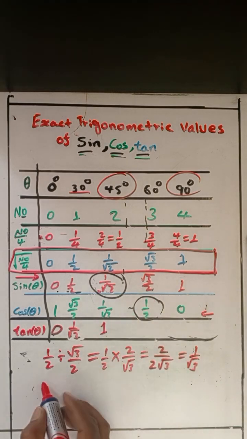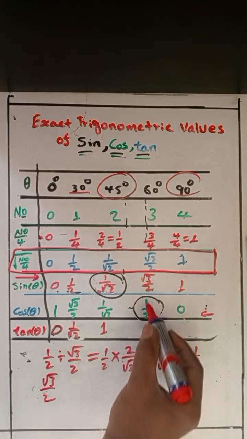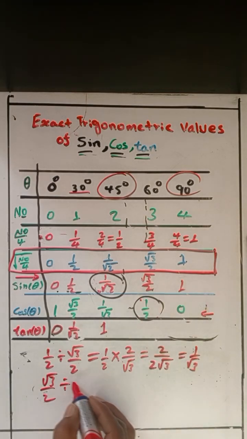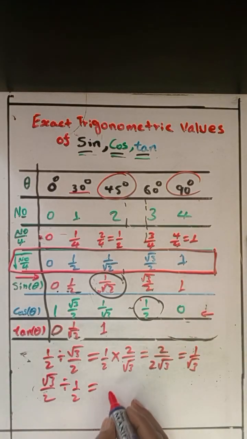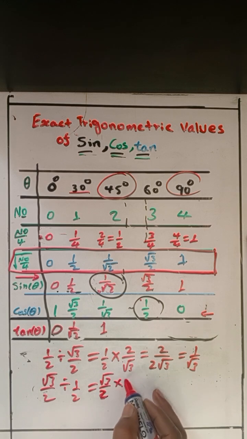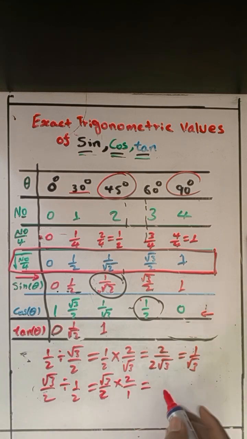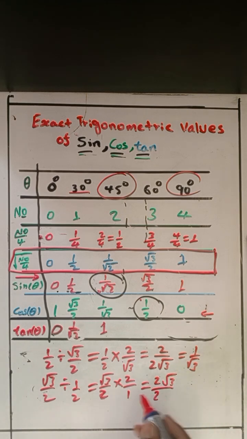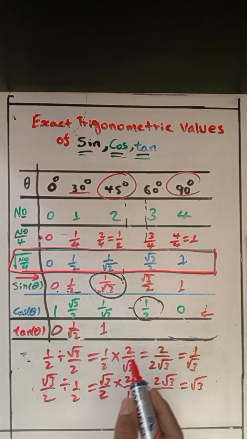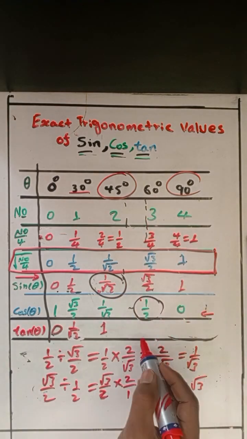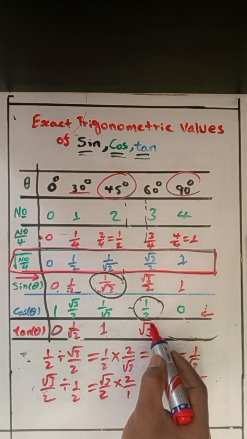For 60 degrees, we have radical 3 over 2 divided by 1 over 2, which is equivalent to root 3 over 2 times 2 over 1, which simplifies to 2 times radical 3 over 2 times 1. Then 2 over 2 is 1, so we get radical 3. Tan 60 is equal to square root of 3.